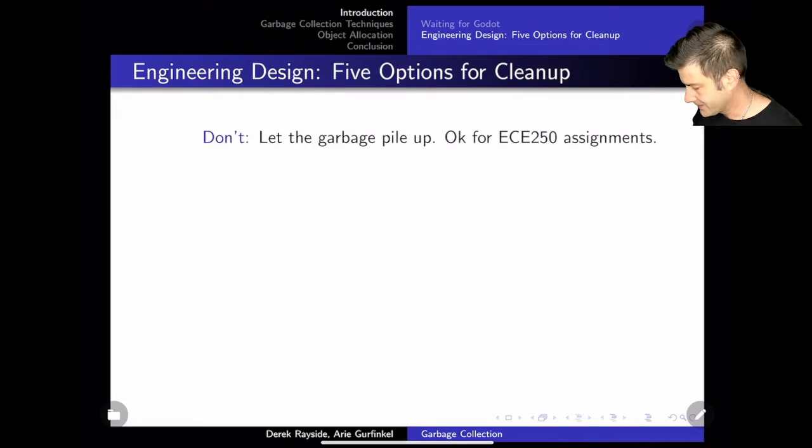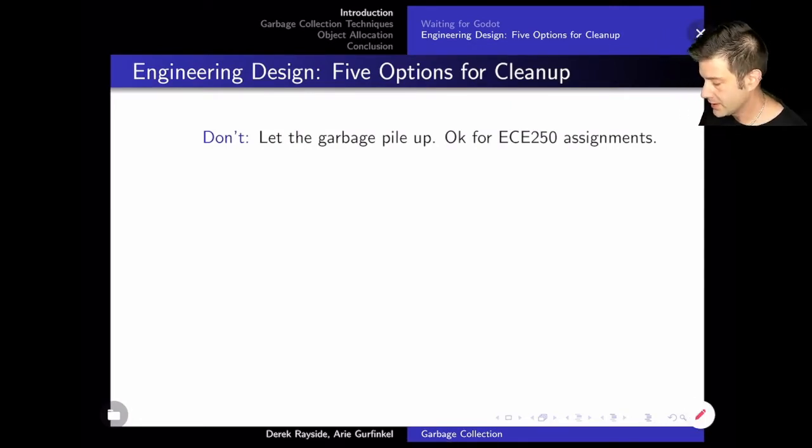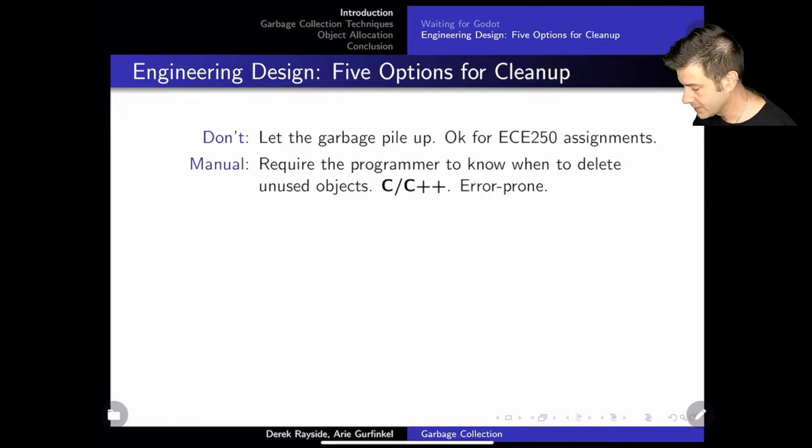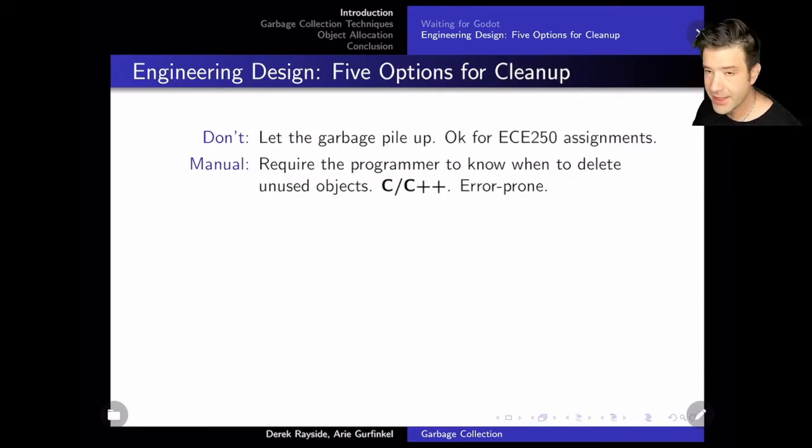Well, our first choice is to just not let garbage pile up. That means you delete things as soon as possible. How can we do this? One way is we can make the programmer responsible and let the programmer delete any unused object.